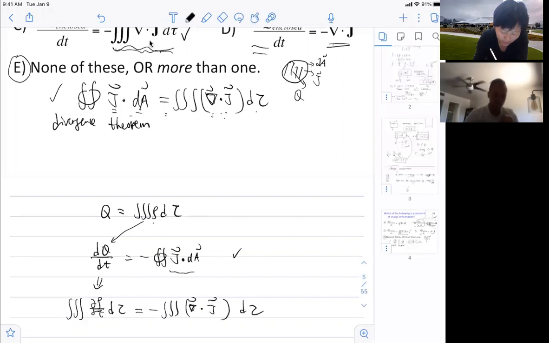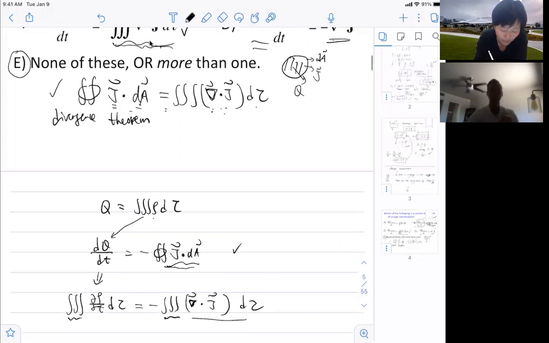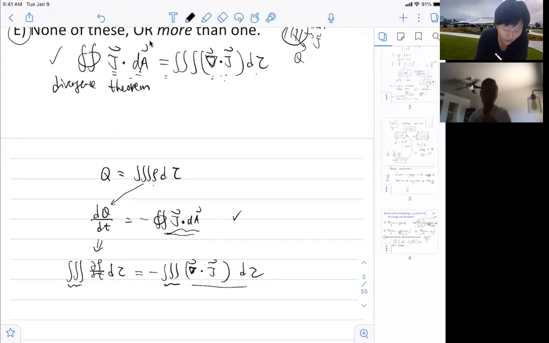The reason for that is I want to get rid of the integration sign. If I have a volume integral here, I also want a volume integral there. So instead of using the surface integral format, I'm going to use this format. So you can see, getting rid of the integration signs, you get the partial of rho with respect to t is equal to the negative divergence of J.